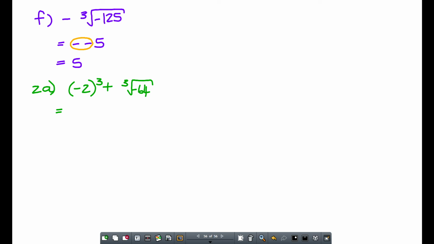Okay, so -2 to the power 3 is going to give me -8. And then -4. Now these two, the plus and the minus, will become a -4. So your answer will be -12.